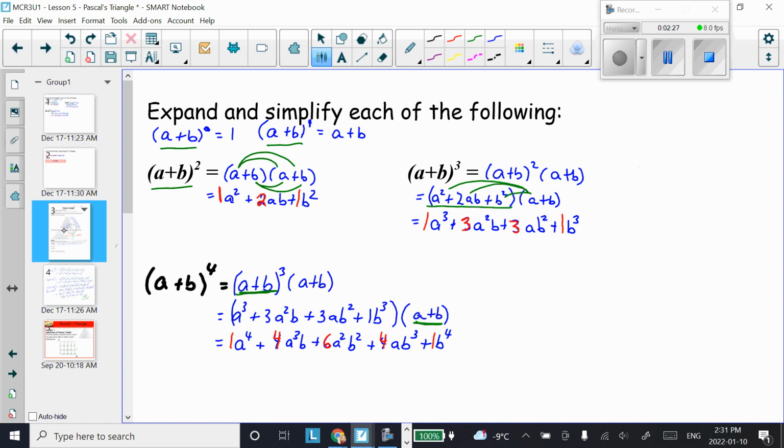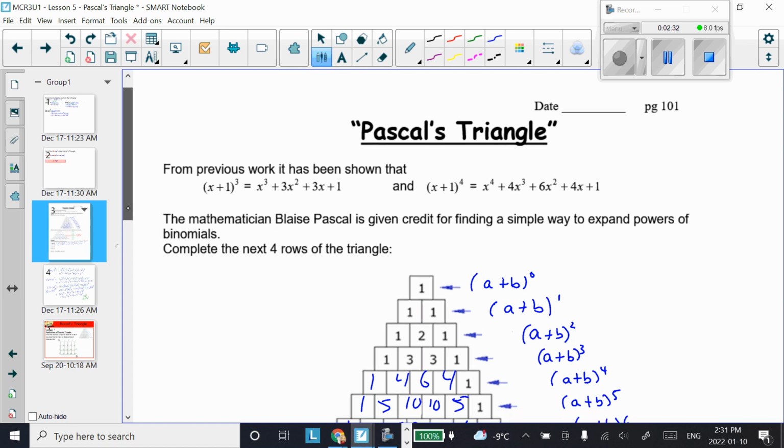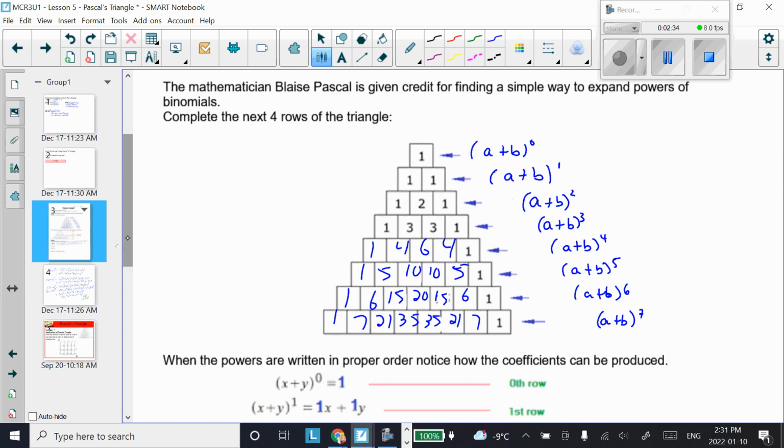And that is using what's called Pascal's Triangle. Pascal's Triangle is a special triangle where we start with 1 at the top, and the number below it is a direct addition from the 2 numbers that are right above. For example, the 2 down here comes from adding this 1 with that 1.